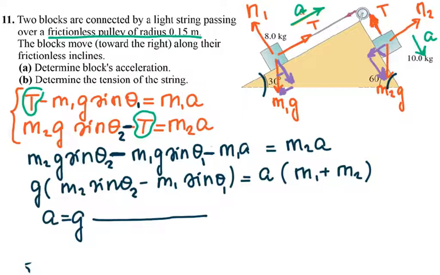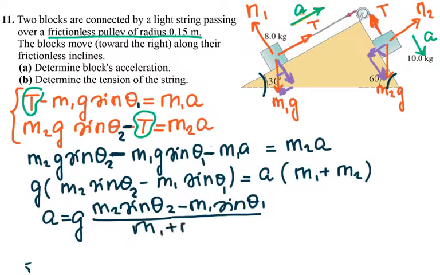Sorry. So now I'm going to plug it into acceleration. So acceleration is equal to g times m2 sine theta 2 minus m1 sine theta 1, divided by m1 plus m2.